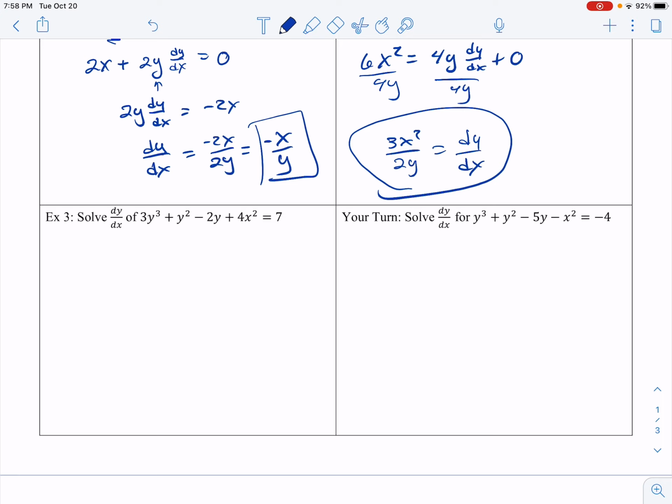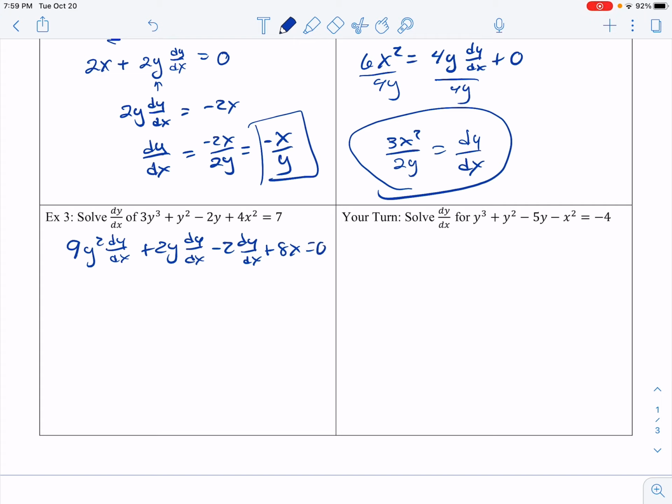Do it again. You end up with 9y squared dy/dx plus 2y dy/dx minus 2 dy/dx plus 8x equals 0.